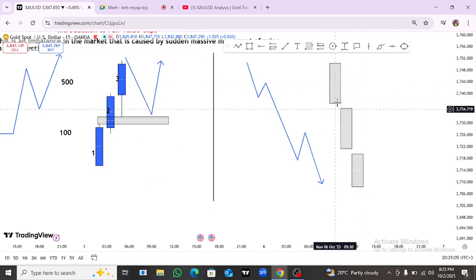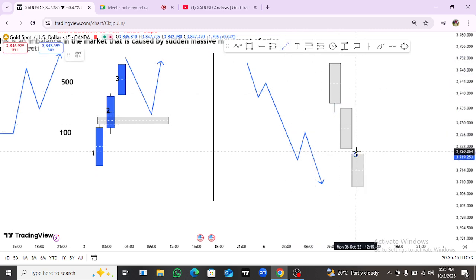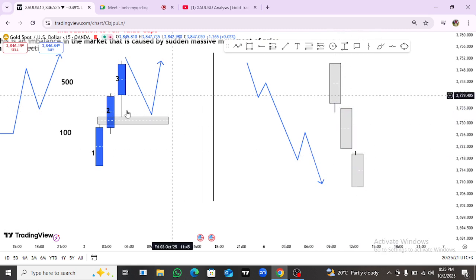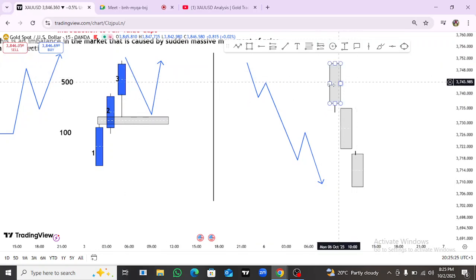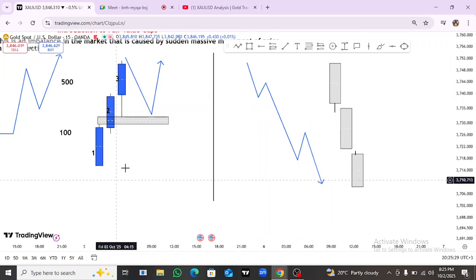I don't want to draw the wicks, but because of the viewers on YouTube, let me just draw them. So we have number 1, number 2, and the wick between candlestick number 1 and candlestick number 3. The reason why my candlestick number 1 is this one above is because now we are bearish and moving down, but the previous one was a bullish scenario and we were moving upwards.